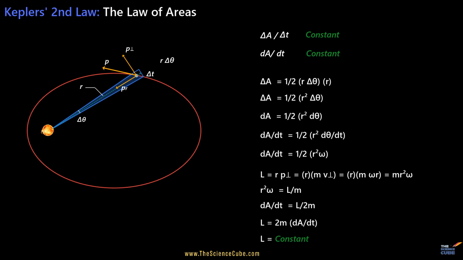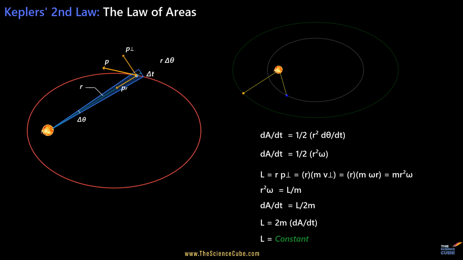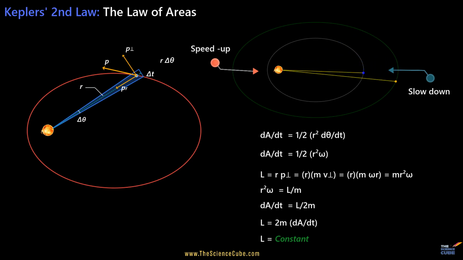That means the angular momentum of the planet is conserved. So in simpler terms, what Kepler discovered here is really a reflection of the law of conservation of angular momentum at work. This explains why comets and planets speed up near the sun and slow down when farther away. Not just a coincidence, but a deep physical law in action.